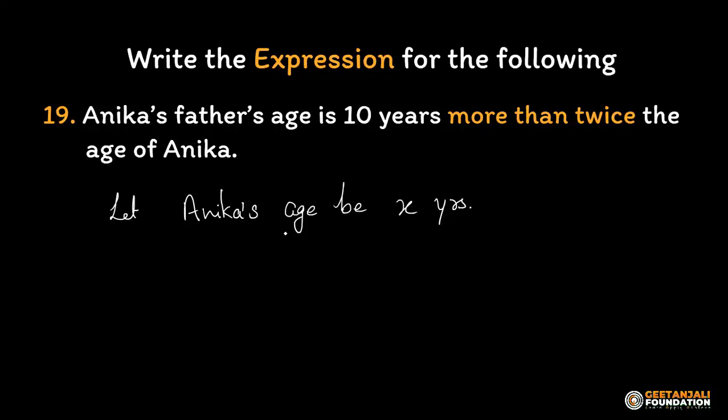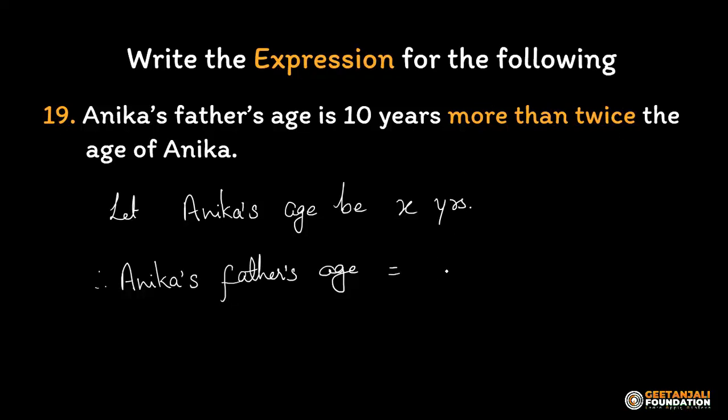So Anika's age is x years. So Anika's father's age would be, therefore, Anika's father's age equals to what? 10 years more than twice the age of Anika.